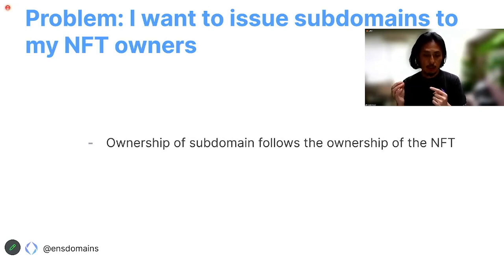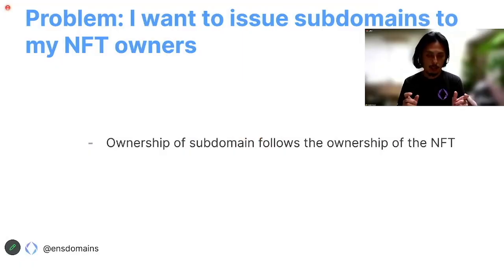You can usually create a subdomain registrar to only allow the owner to claim that subname. But what it doesn't do is automatically change the ownership of the subname if the NFT ownership changes. That you couldn't do by yourself.